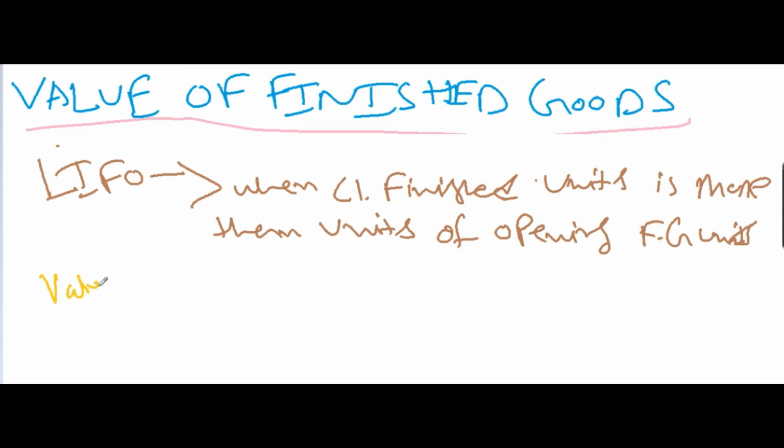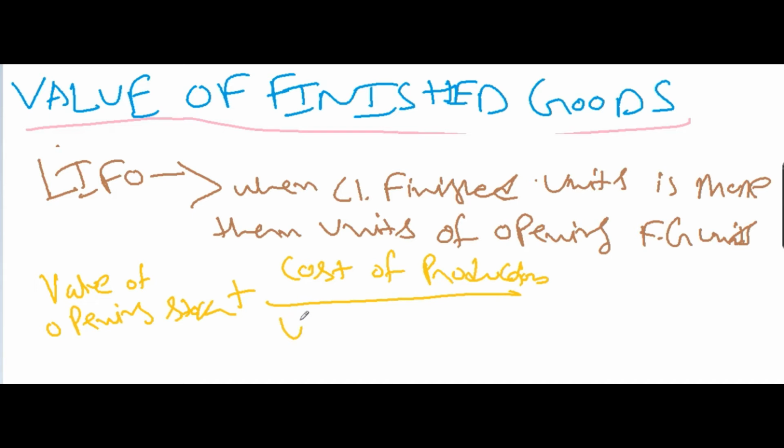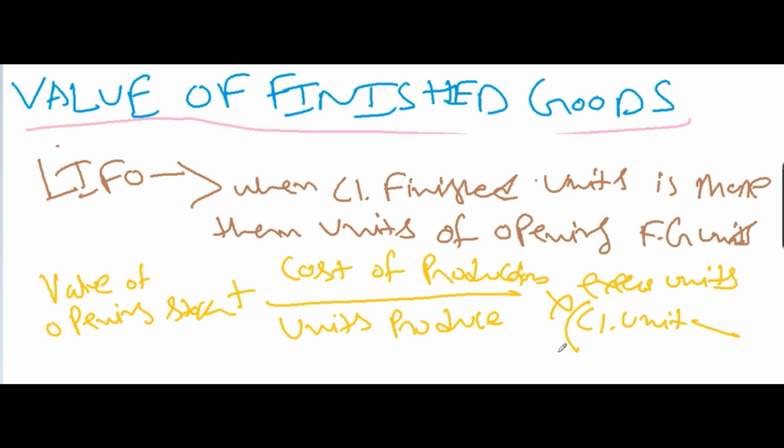value of opening stock plus cost of production by unit produced into excess unit. What is the excess unit? That is closing unit minus opening unit.